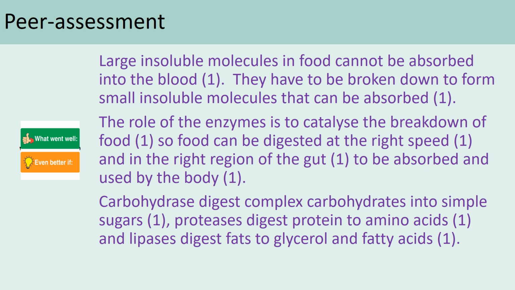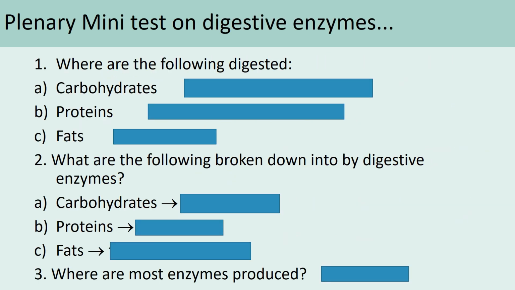So hopefully we have got 6 or near to 6 marks for that. And that's kind of bringing everything that we've done together over the last few lessons in one go. So the last thing that I'd like you to do, and we're done with writing, so you don't need to write these down.